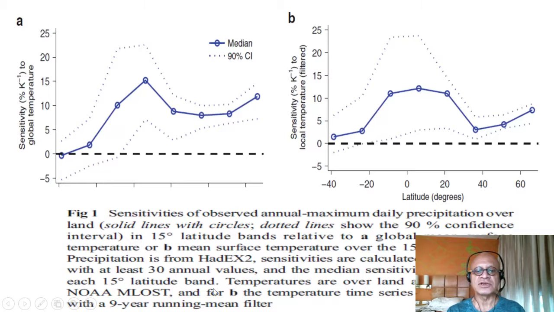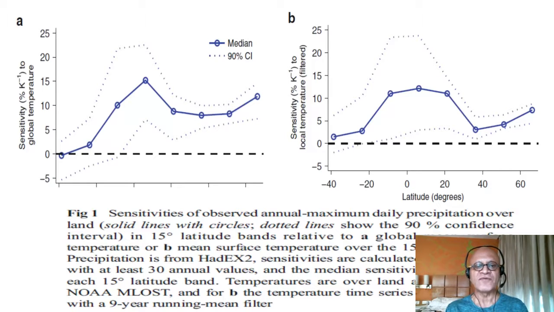And what else here? Temperatures over land and ocean are from NOAA MLOST, and for B, the temperature time series were smoothed with a 9-year running mean filter. Why is this kind of statistical analysis done? Basically, as before, there are two things.